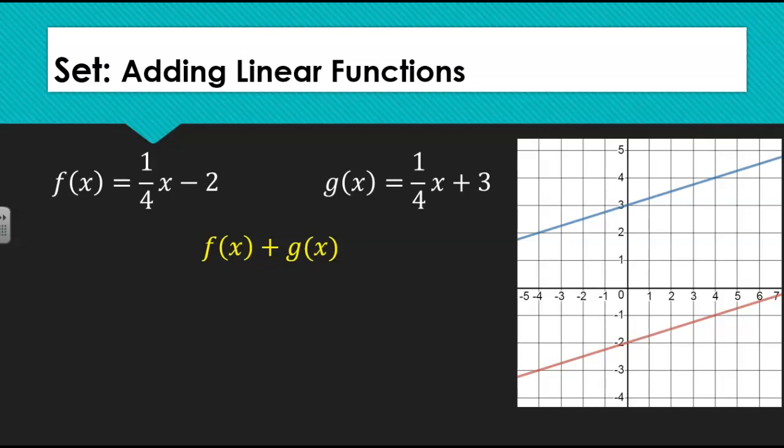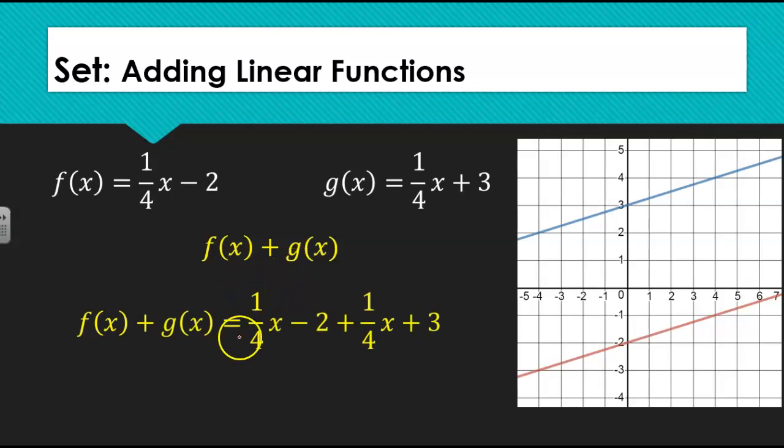So when we look at the sum of these two functions, we're going to do exactly what we have done in the previous examples, which is to combine our like terms. So we have two terms that have variables, and then we have two constant terms. When we combine our 1/4 x and our 1/4 x, we have 2/4 x, and when we add -2 to 3, we end up with +1.